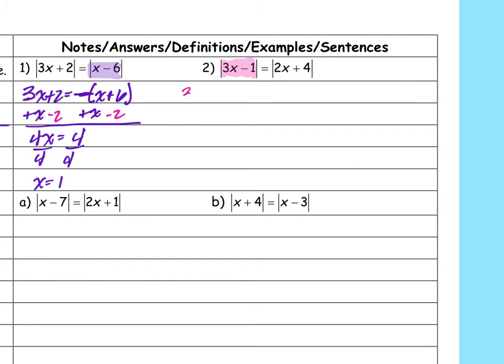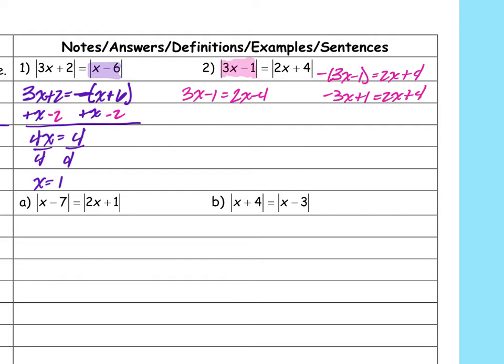So I'll have 3x minus 1 equals 2x minus 4. And then I'll have, I'm going to write up here because I need the extra room, negative 3x minus 1 equals 2x plus 4, which would be negative 3x plus 1 equals 2x plus 4.